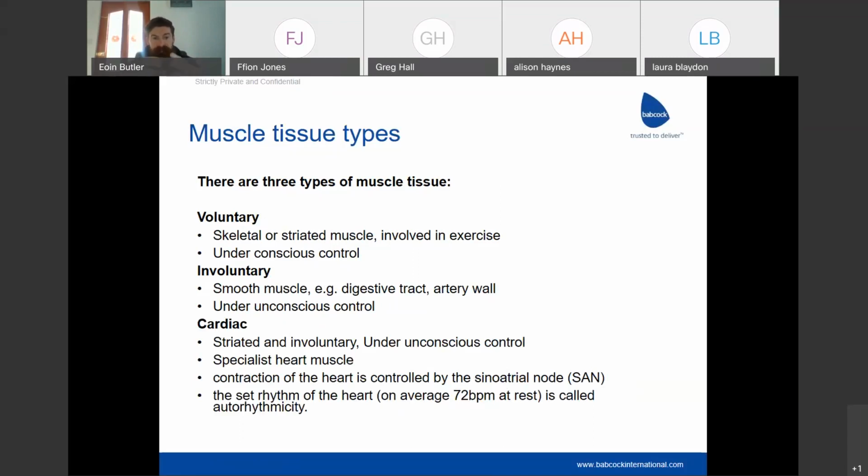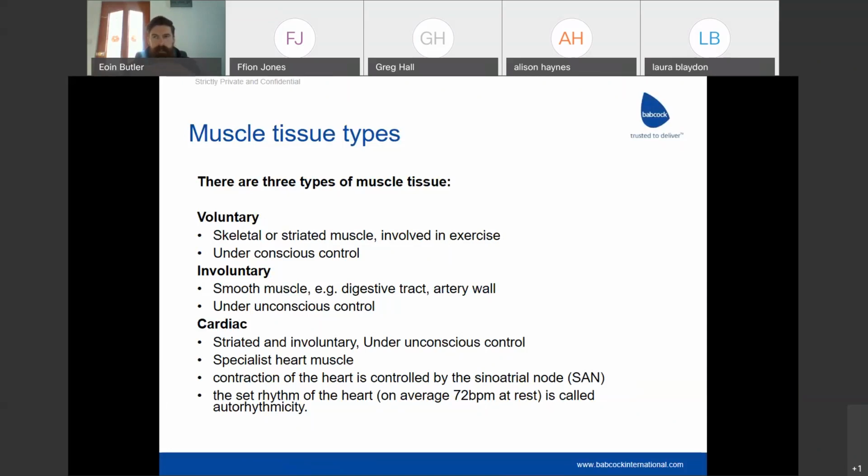So cardiac muscle is striated. Okay, so we can see kind of the muscle fibers within the cardiac muscle within the heart. Okay, however, it is involuntary. We cannot switch it on, switch it off again. We can't decide to contract it or relax it. So it's under the unconscious control of the nervous system. So it's the specialist heart muscle. It's also known as the myocardium.